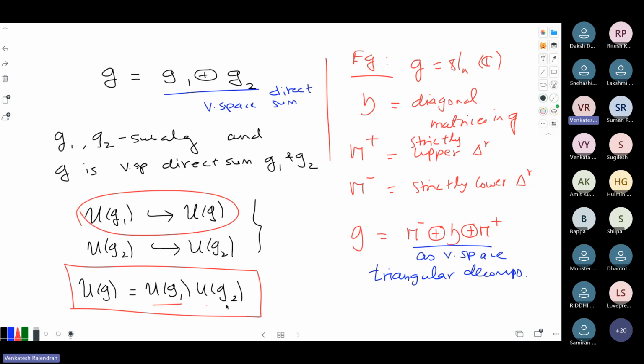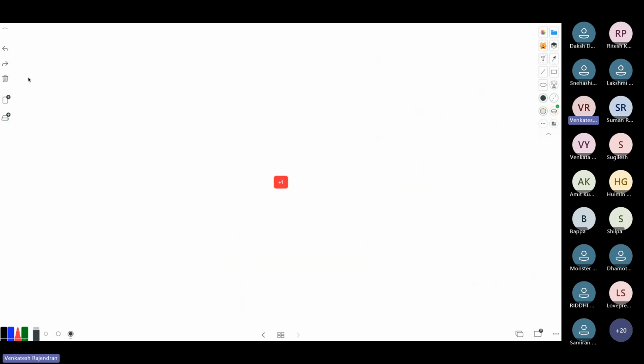Okay, so this is just taking possible products between elements of that and then taking a linear combination of that, and that is going to be your UG. Okay, so let's first prove this. Whenever H is a subalgebra, okay, Lie subalgebra, then UH is naturally embedded inside UG.